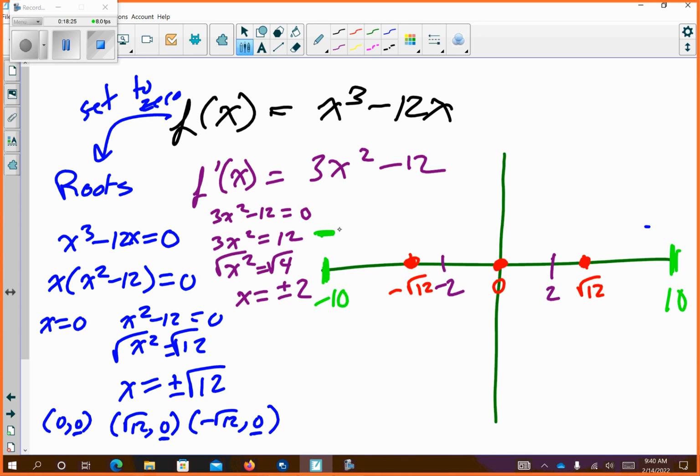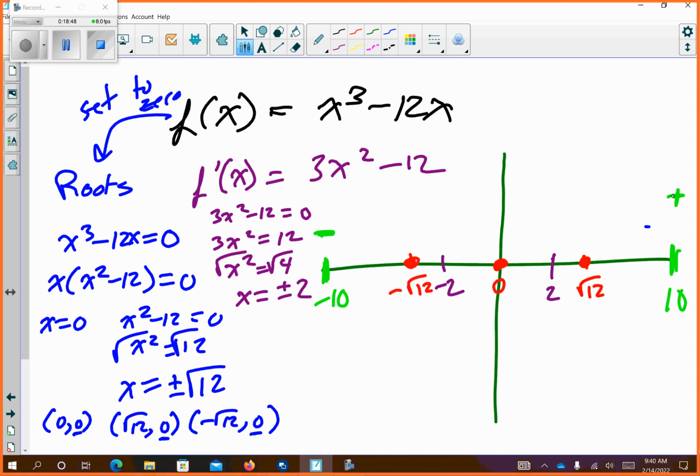Okay. Let's pick positive 10. 10 times 10 times 10 is 1,000. 1,000 minus negative 12 times 10. So 1,000 minus 120, is it a positive number? Okay, and we don't have to know the exact value. We just need to know something's taking place at either place. So we have some end behavior ideas.